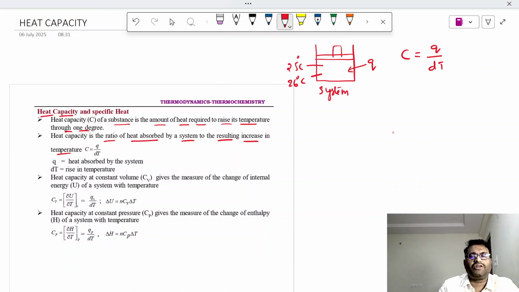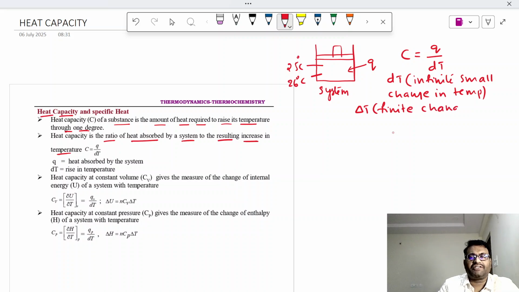So Q is the amount of heat absorbed by the system, and dt, for example, what is dt? dt is infinitesimally small change in temperature. When you consider delta T, what is it?